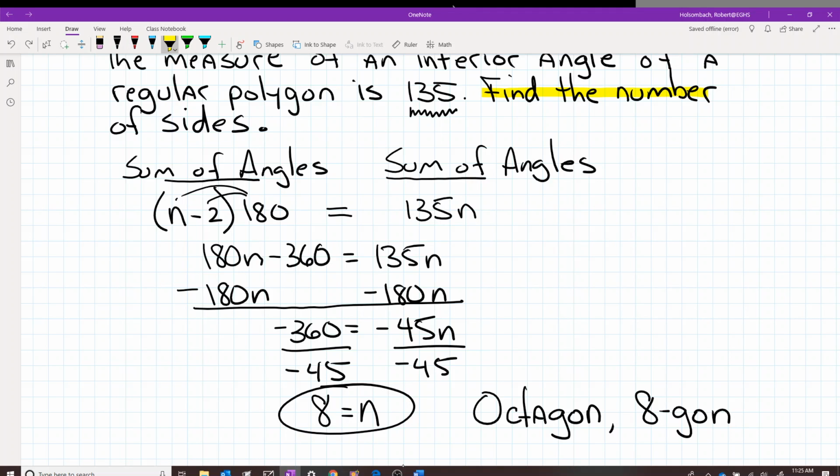Find the number of sides. Or couldn't they word the question, name the polygon? If they asked you to name the polygon, you would need to find the number of sides first and then correspond it to the correct name. Got it? Anybody need to see another example of a problem like that? If you're given one interior angle of a regular polygon, it's that angle measure times n equals n minus 2 times 180.